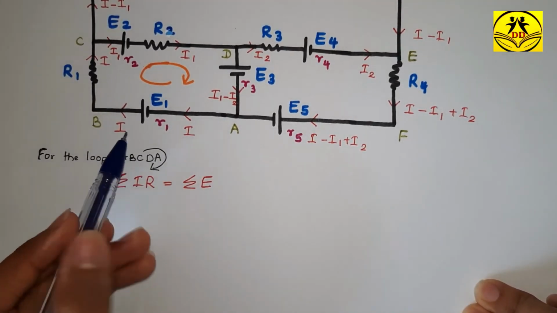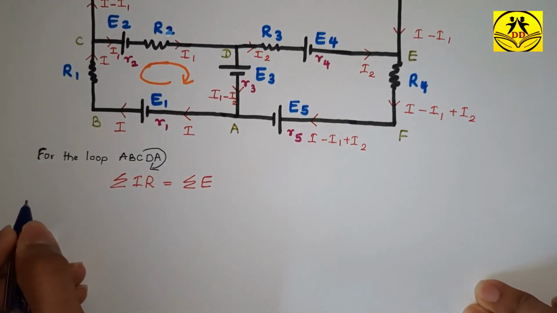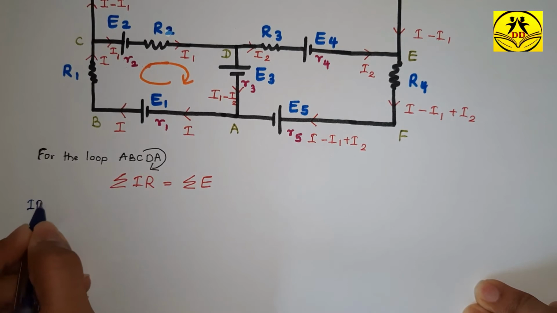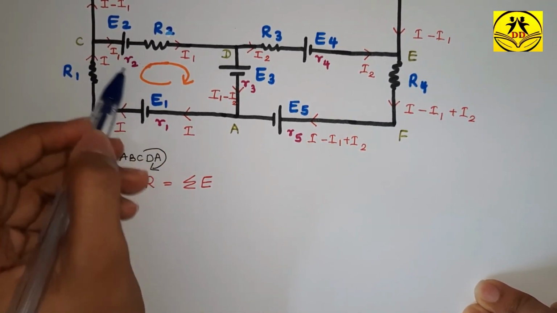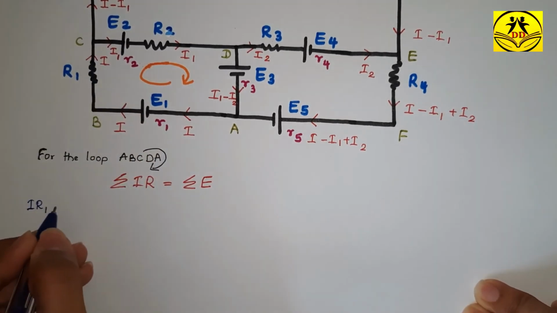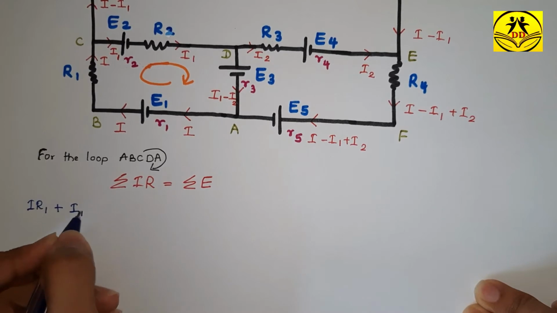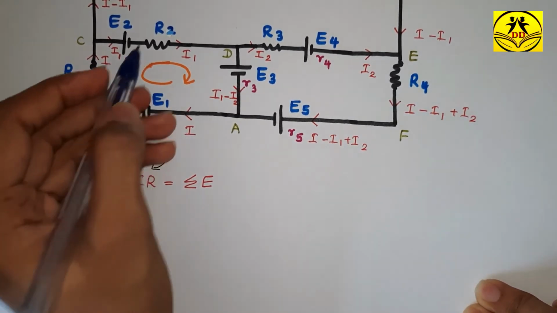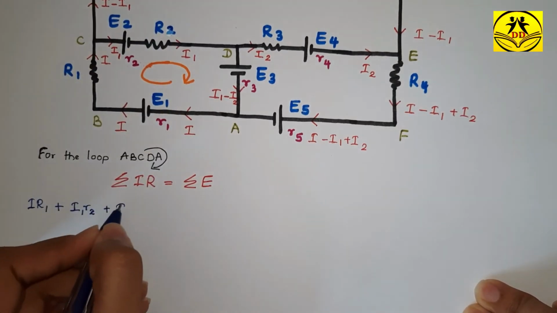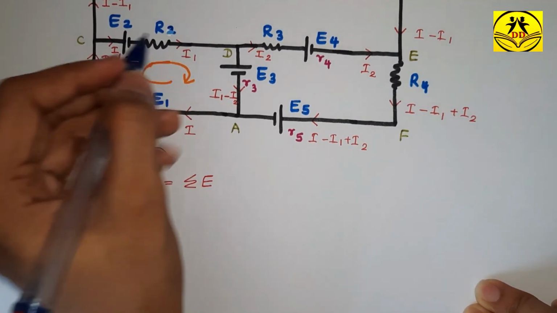So what do you get first? I capital R1, this IR product, and this internal resistance of the cell is also considered, plus capital I1 R2, simple R2, and this capital I1 capital R2, that IR product.